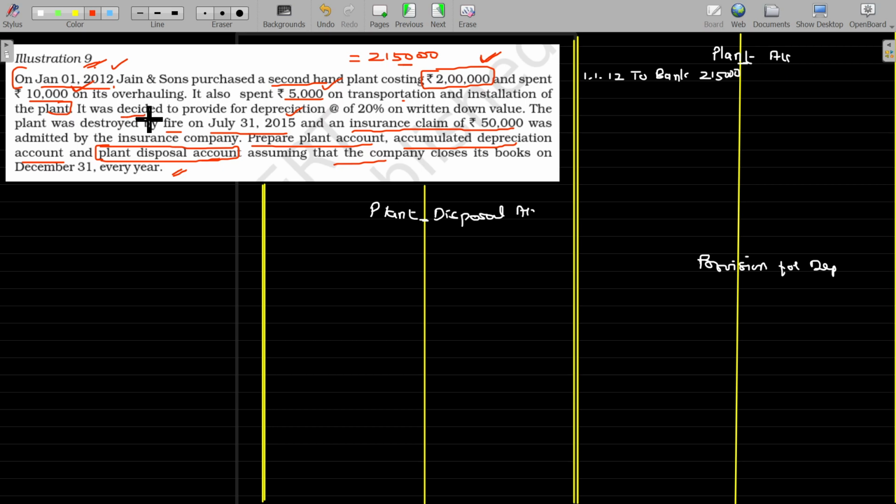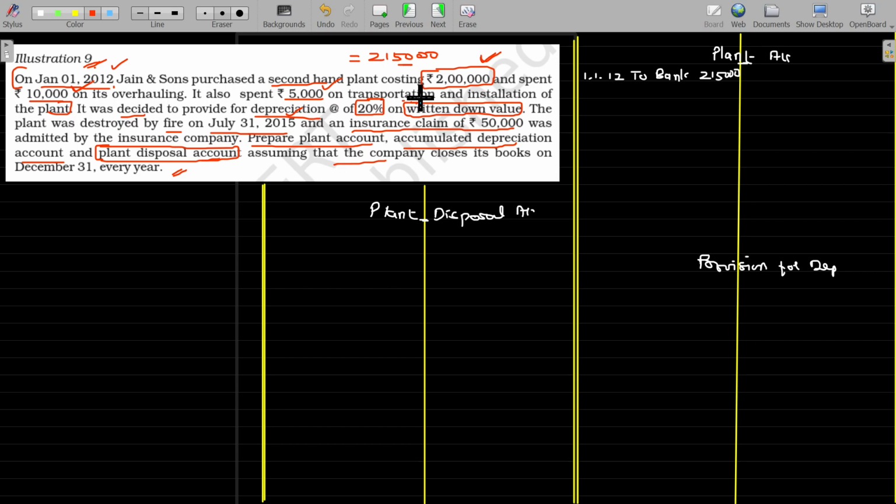Okay. It was depreciated at the rate of 20%, that too on the written down value method. So we have to adopt the written down value method. Under the written down value method, every year you calculate the depreciation based on the WDV value. WDV value is nothing but original value minus the amount of depreciation already charged. Whatever the leftover amount of the asset after the depreciation is called WDV.